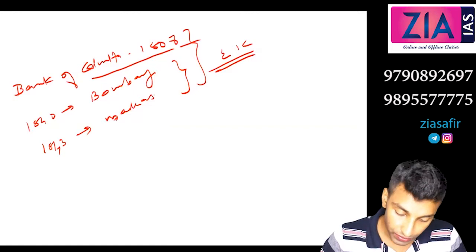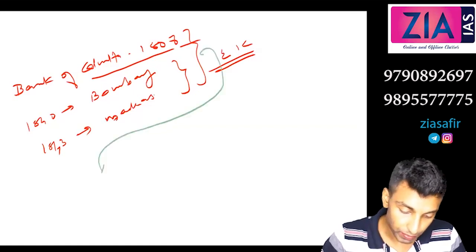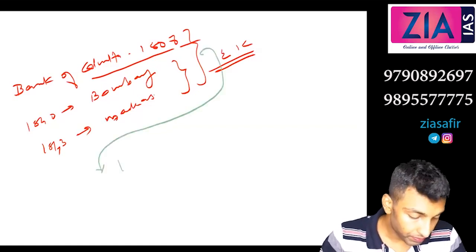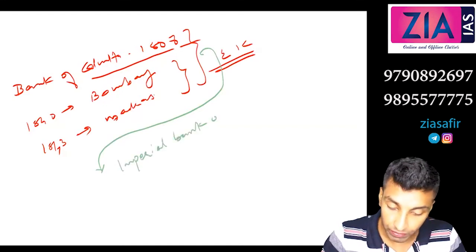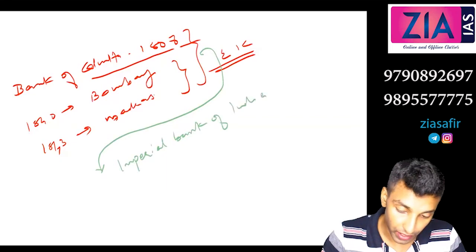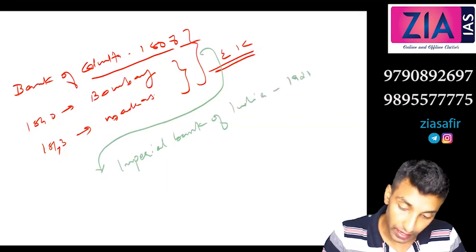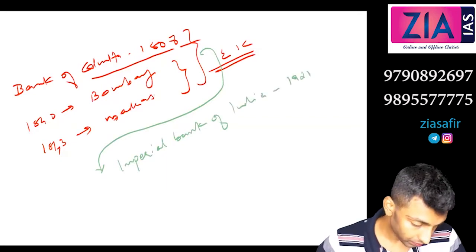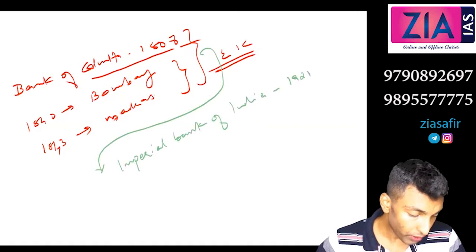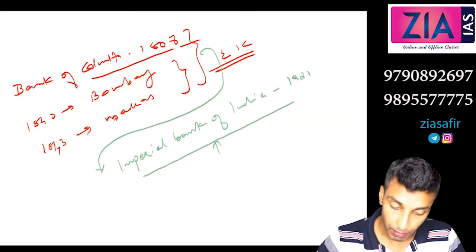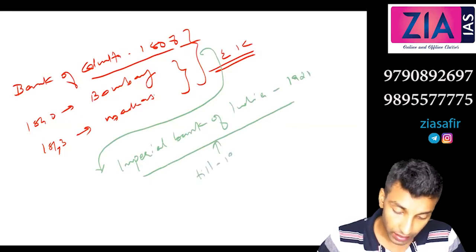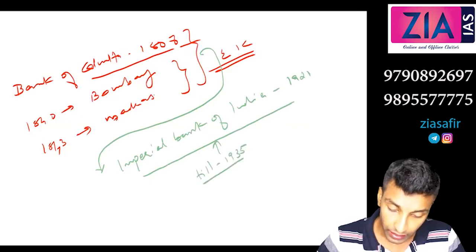Now these three banks were merged into which bank? Imperial Bank of India in 1921. Before RBI, this actually served as the central bank, till 1935.